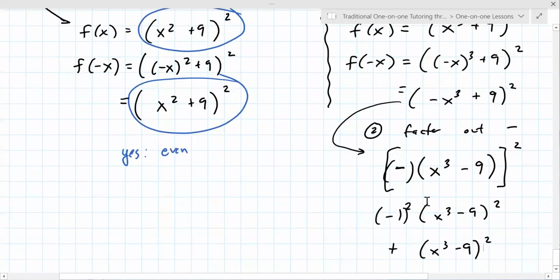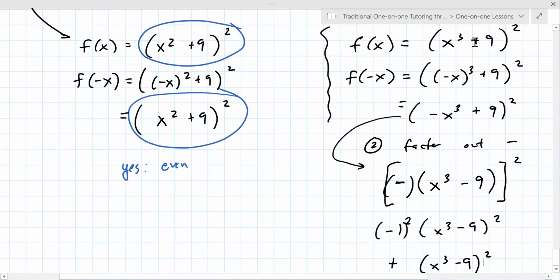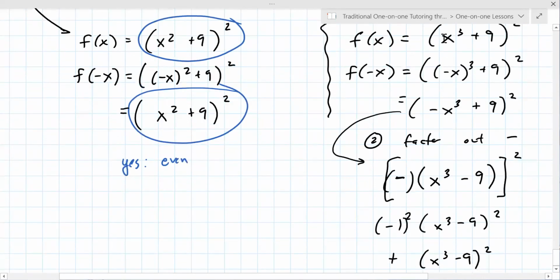Whether you follow that or not is not important. Is this the same as the first line up here? Is it exactly the same? No. So it's not even. This line wasn't the same, so it's not even, and this last line means it's not odd, so it's neither.